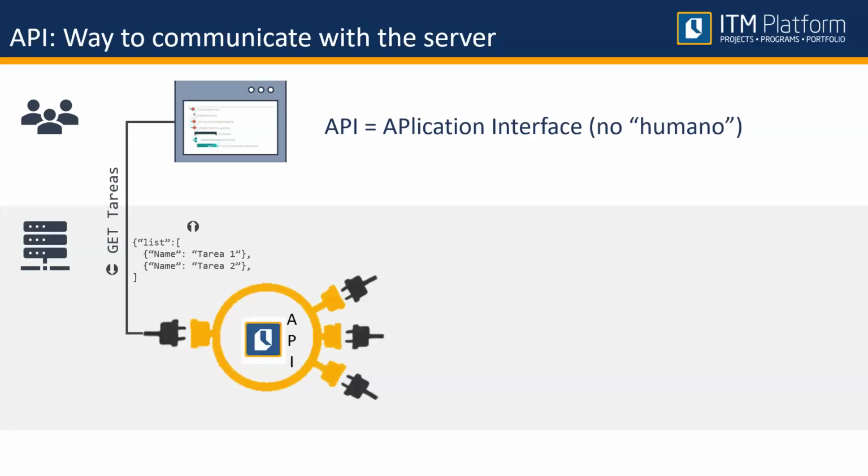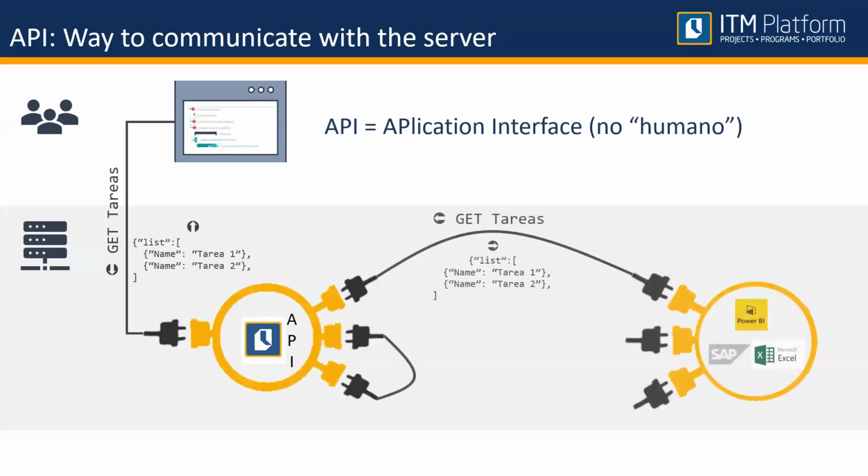API stands for Application Programming Interface, right? Non-human. So for example, if I would like to get a number of items, for example, tasks, right? I can get task 1, task 2, etc. What should I do with it? Well, the API will provide a list of different things that I can do with this information. For example, move it to a different application like Power BI, like Excel, exactly what we did last time, right?